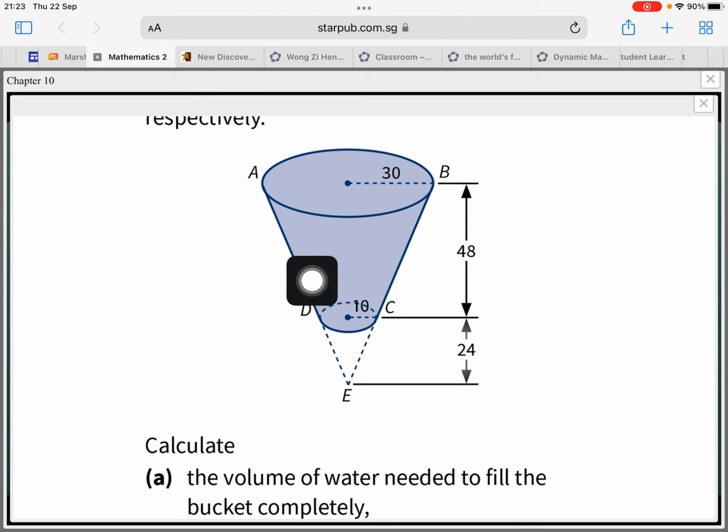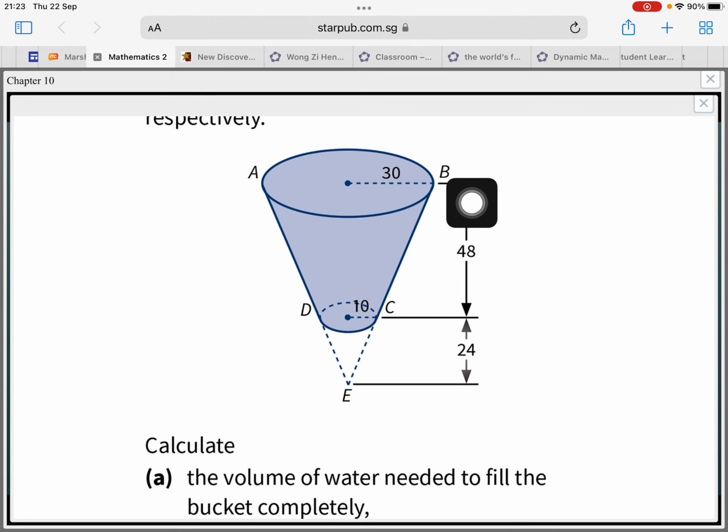When it's not just a cone or not just a pyramid, when you have some figure that's not as usual, there are two approaches. If the figure is made out of a few things combined together, then you calculate each of them separately and add them together. But if your object is made out of something with a smaller part being chopped off, then you calculate the bigger one and subtract away the smaller one.